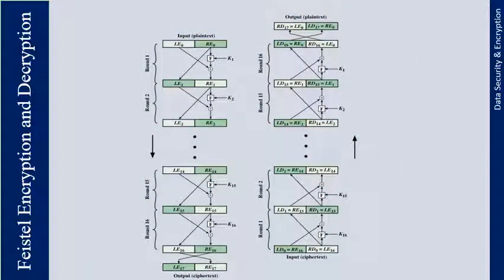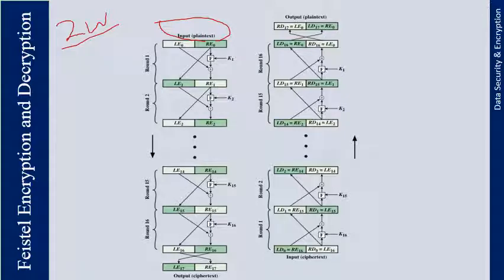So this diagram represents the Feistel encryption and decryption model or structure. The left hand side of the figure shows the encryption structure proposed by Feistel. The input of the encryption algorithm is a plain text block of length 2 words or any length of bits.